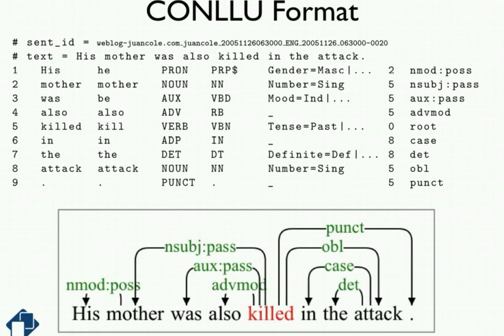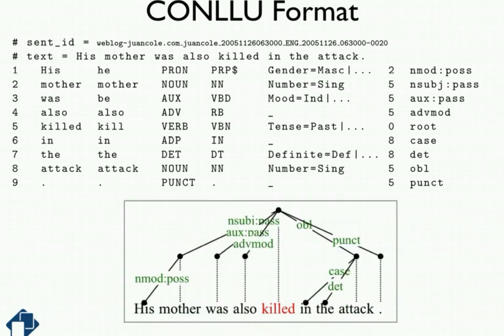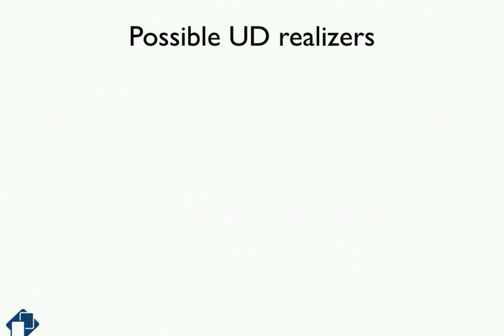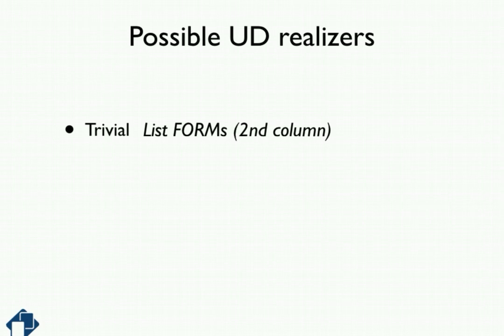So, just a recap of the format that we've been working on. I start from the standard dependencies, which can be seen either as dependencies or as a tree. And given this information, you might imagine a list of possible universal dependencies realizers. First, of course, there's the trivial one.